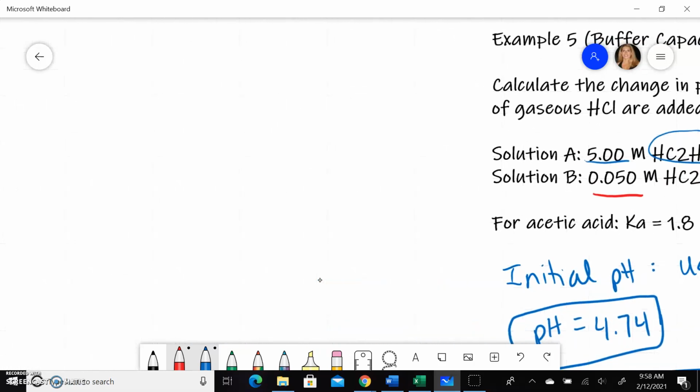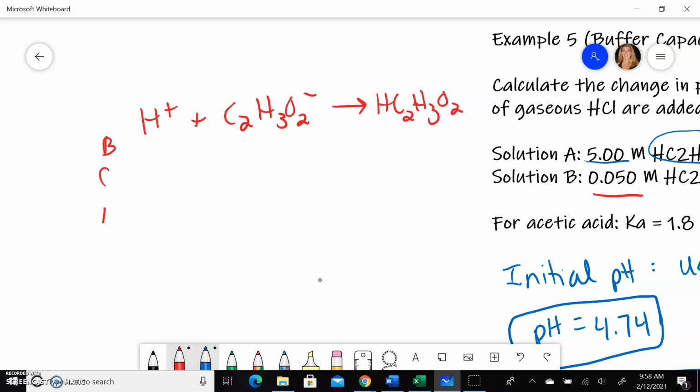So let's go ahead and set up another BCA table. And we still have less H plus than the acetate ion.